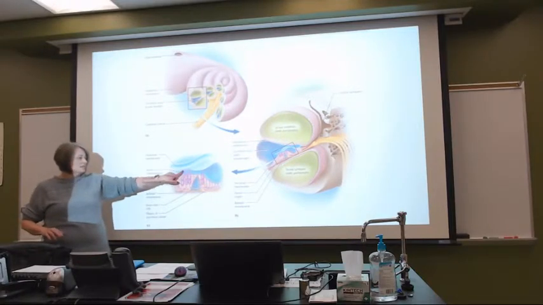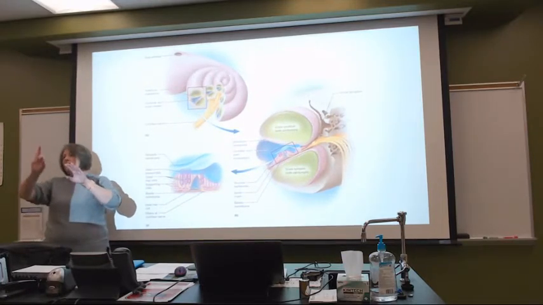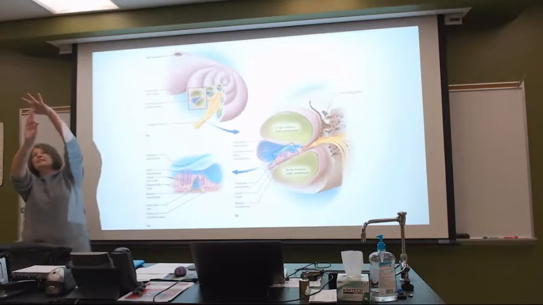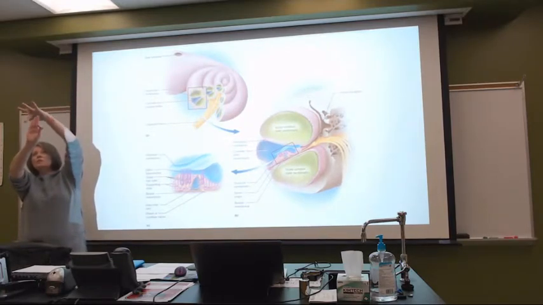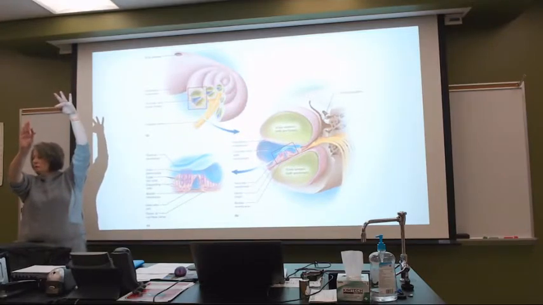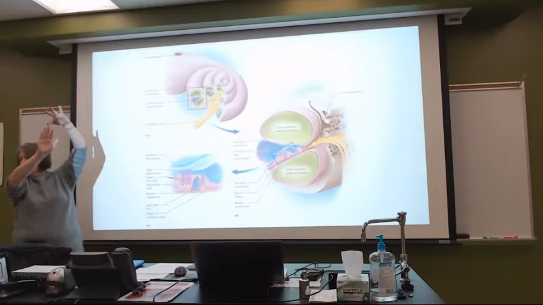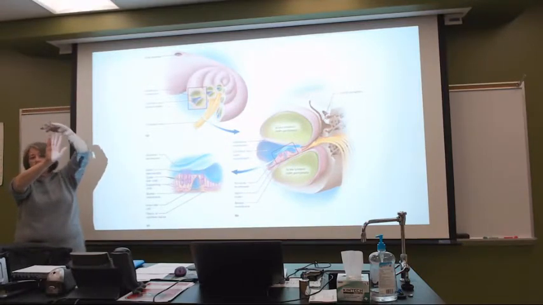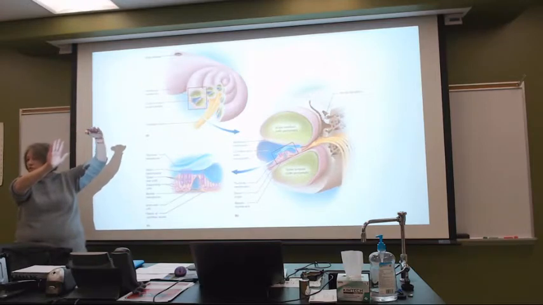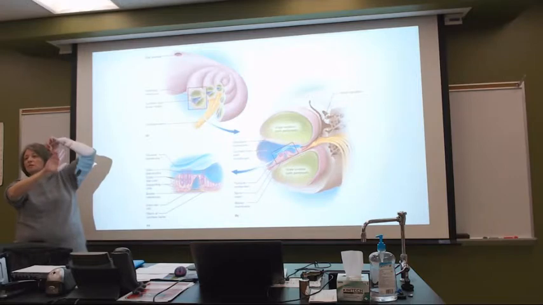So this structure that you see right here, it kind of has a structure like this, where you got one that's short, one's a little taller, one's a little taller, okay? And they have little links between them. So if that fluid begins to move, it's going to push on these cilia, and because they are linked together, that pulls all of them.